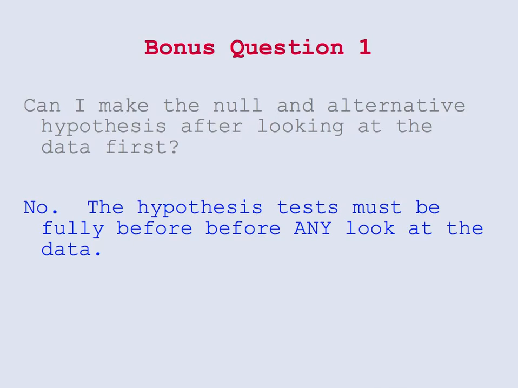What you will find is that your chance of making a type 1 or a type 2 error is drastically increased. This is often the source of false conclusions and of spending unnecessary time and effort pursuing solutions that are in fact not effective. So the answer is no. You must specify them before any look at the data.